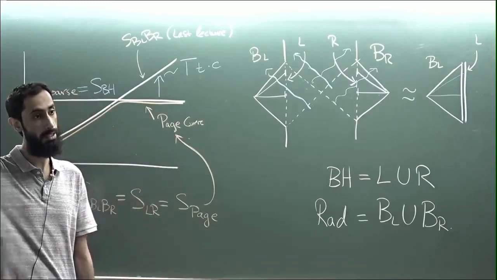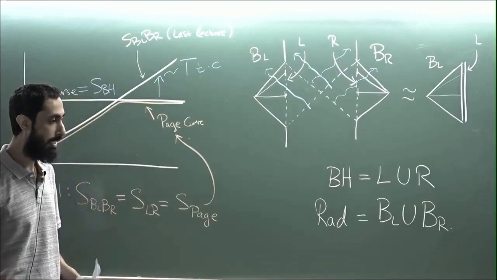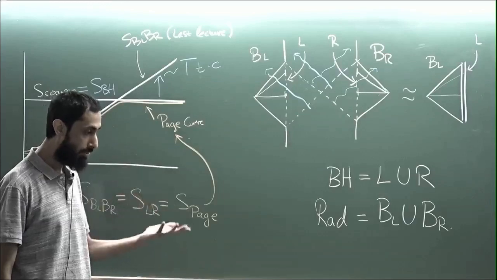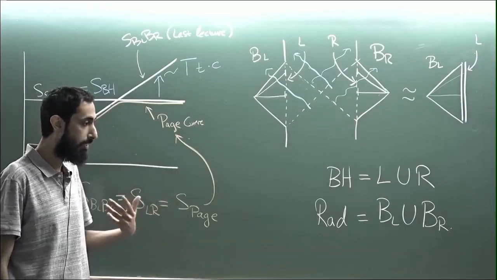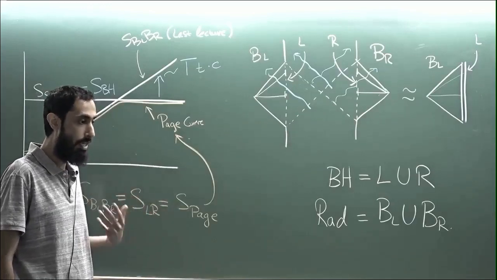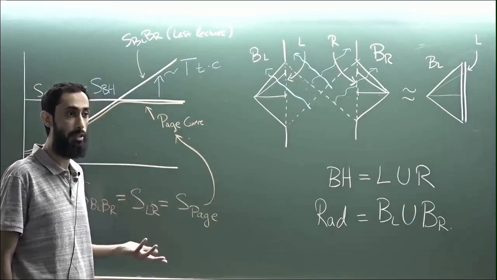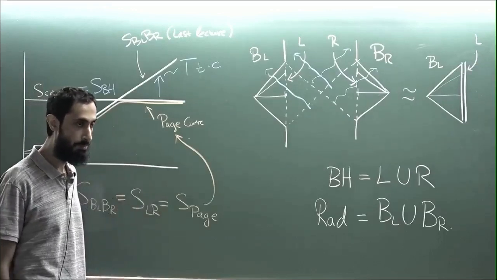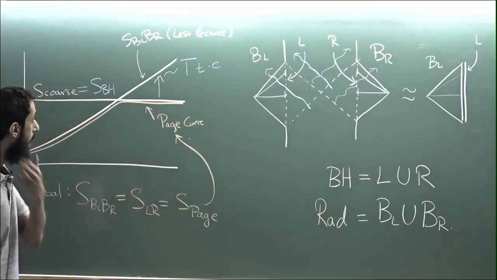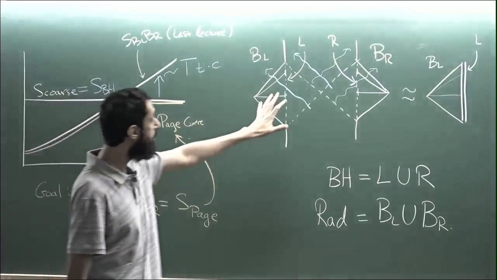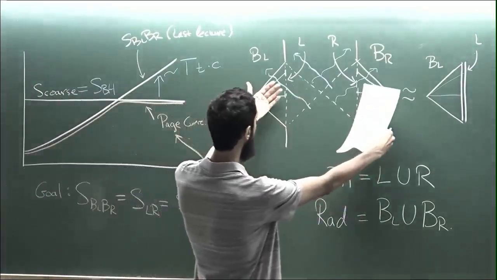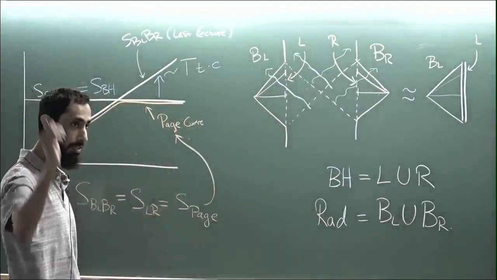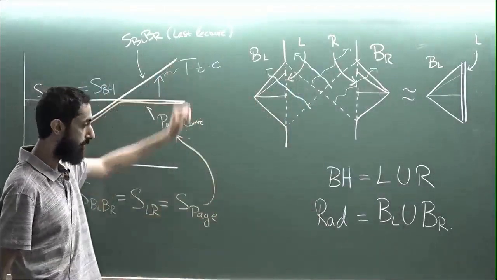You don't need to wait until the entire thing evaporates away, which is that it seems like the entanglement entropy between the radiation and the black hole is larger than the coarse-grained entropy of the black hole. So it seems like the amount of entanglement is larger than what the black hole has room for. That's what I'm calling the overfilling paradox, which is really just the information paradox. And that's what we see here. The black hole does not evaporate away, but the entanglement between the bath and LR, or the black hole, keeps increasing arbitrarily large in this fashion.